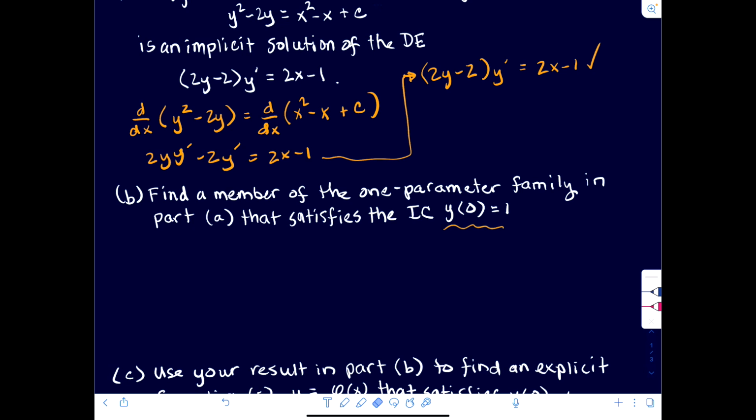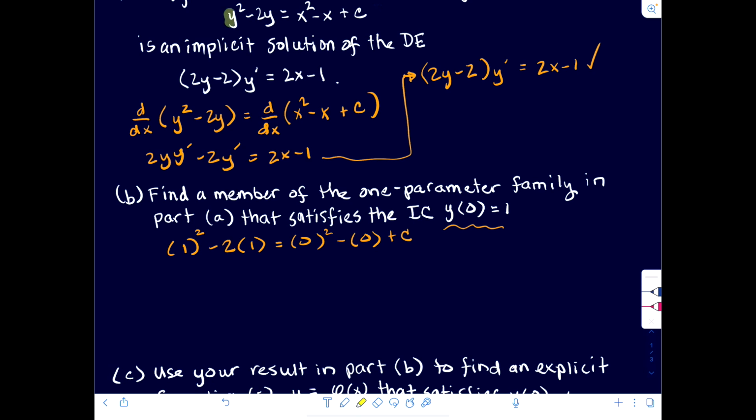And so applying that initial condition, I'm going to plug in a 1 wherever I see a y in the original equation. So I'll have 1 squared minus 2 times 1, and then a 0 wherever I see an x, because we want to solve for the unknown constant.